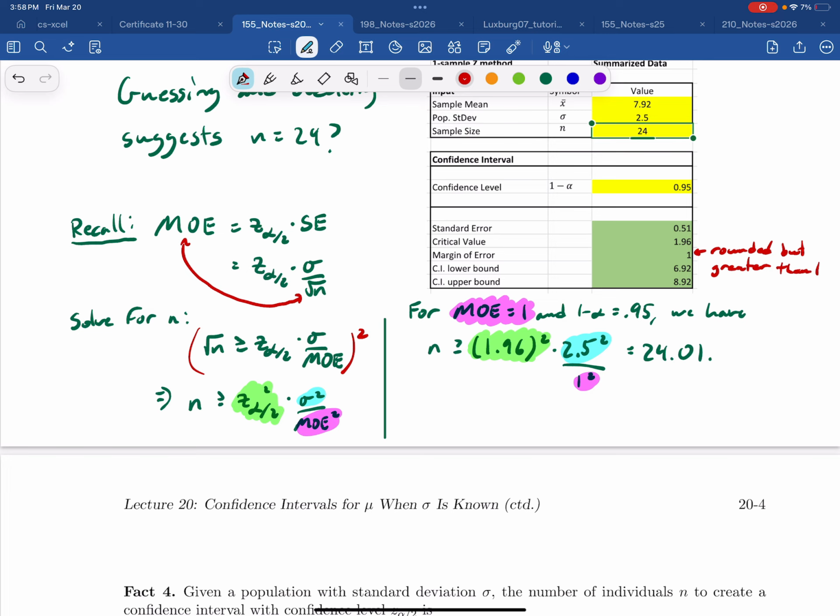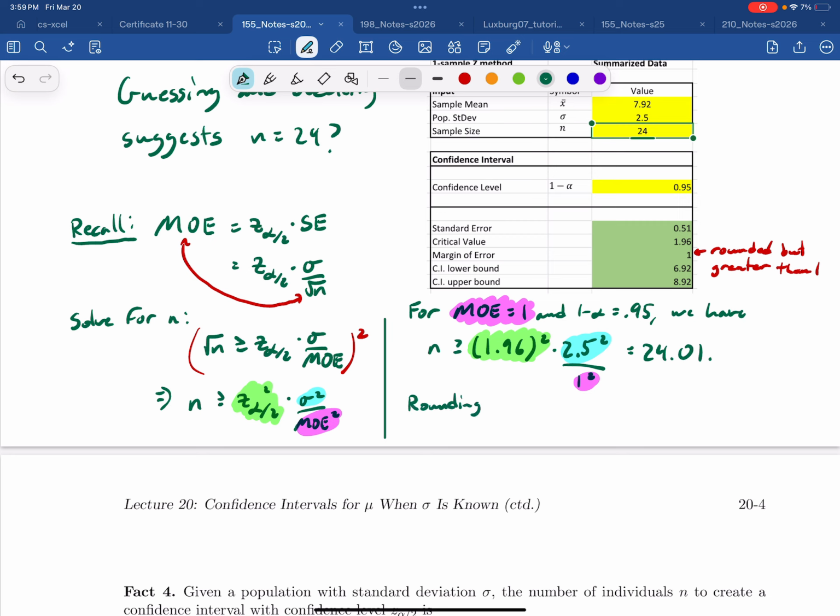And that's a problem because that means 24.01 is really not good enough, right? We can't have 24.01 people. 24 individuals that we sample will not give us a margin of error of 1. It'll give us something a little bit bigger than 1, which we don't want. So round up always.